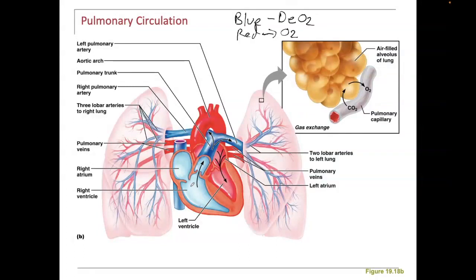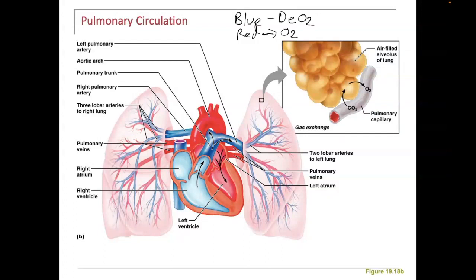Well, this side of the heart, which is the right side, is going to pump the blood to the lungs, where the lungs will pick up the oxygen, and drive it back into the left side of the heart where it's red. So the deoxygenated blood that was on the right side of the heart somehow got pumped to both lungs.